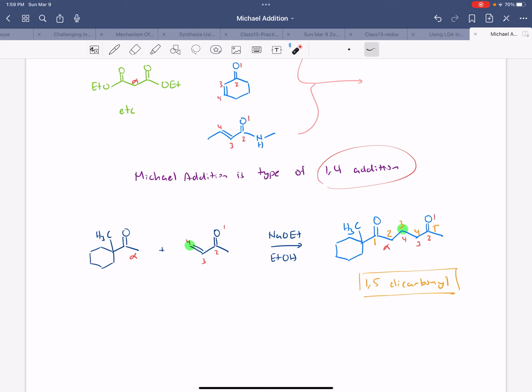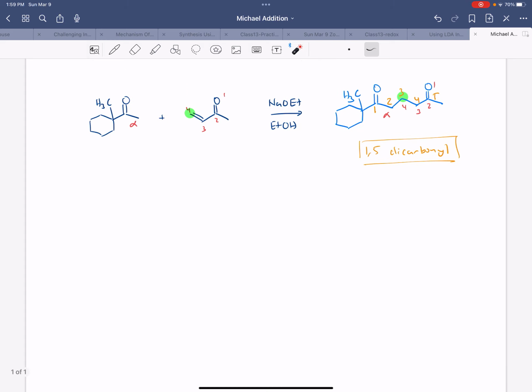Okay, the mechanism. We're going to form the enolate first. What colors do I want to use? I put a methyl group here because I don't want us to use the alpha carbon on the left.